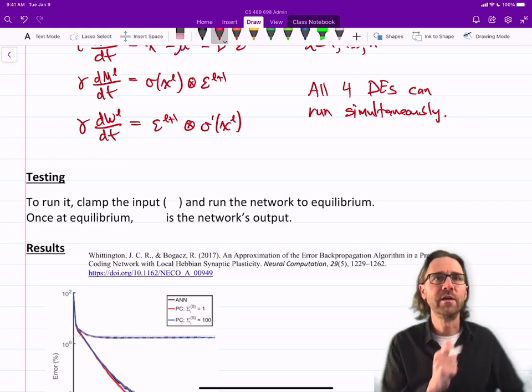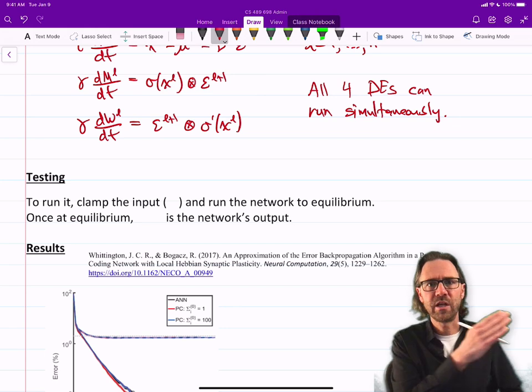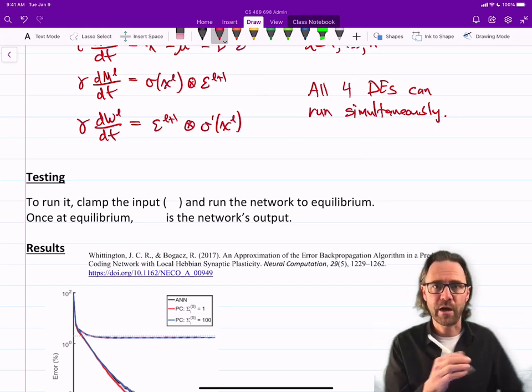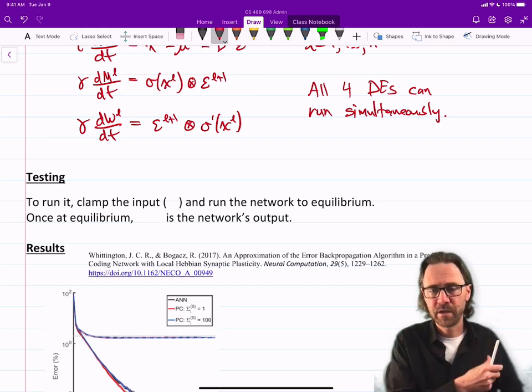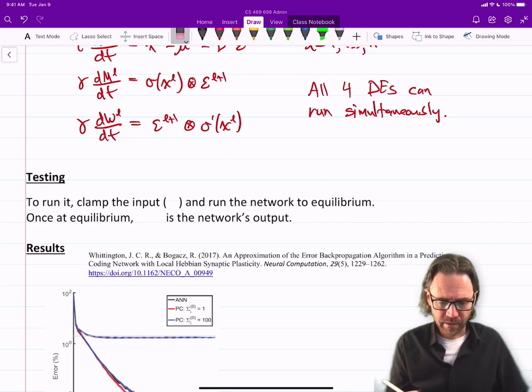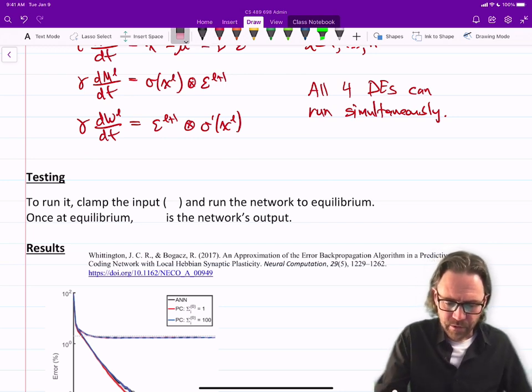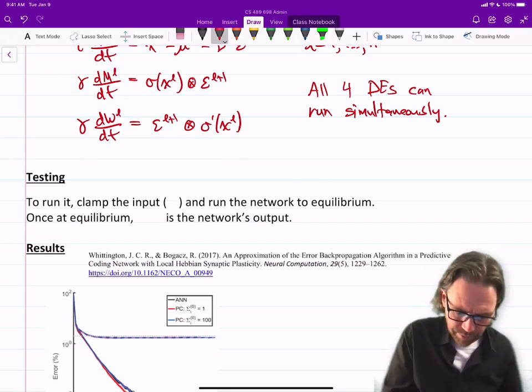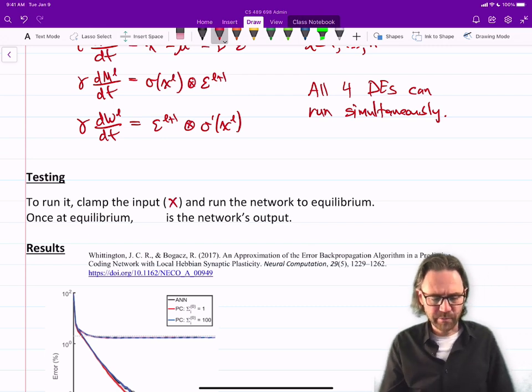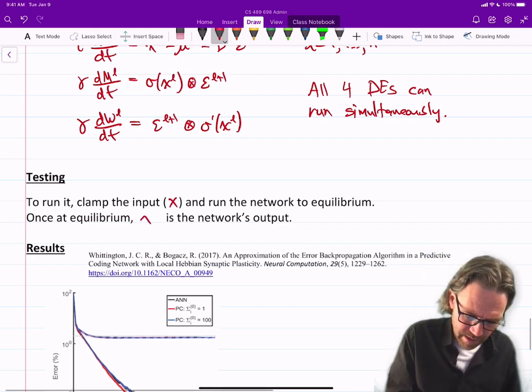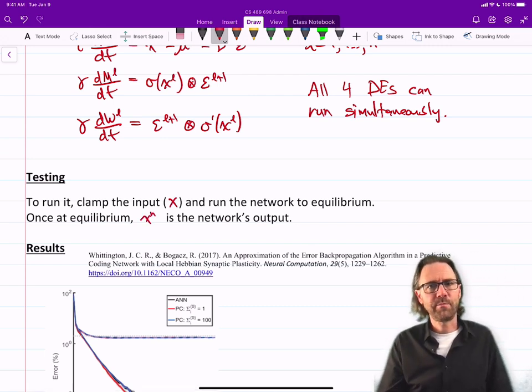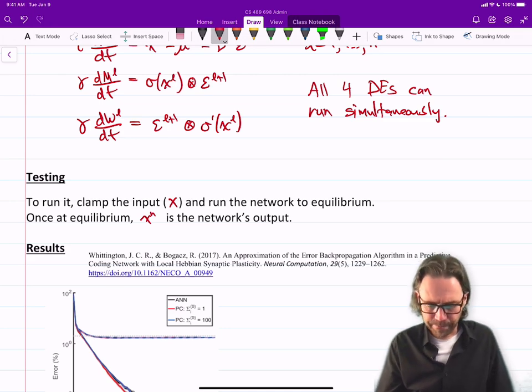In fact, you can show that the network state you get is equivalent to running a feed-forward network just using those M weight matrices. So in testing, you clamp the input X and run the network to equilibrium. Once at equilibrium, Xn, the state of the top layer, is the network's output.